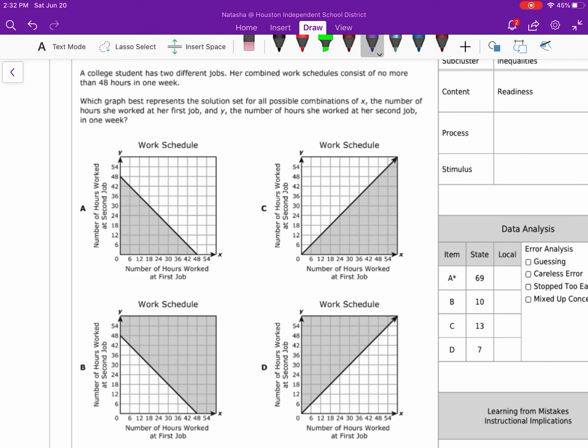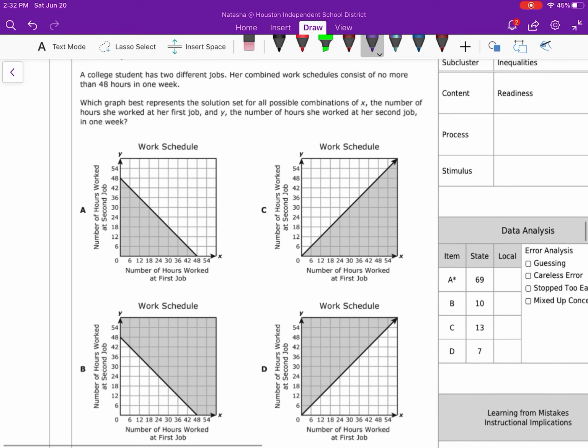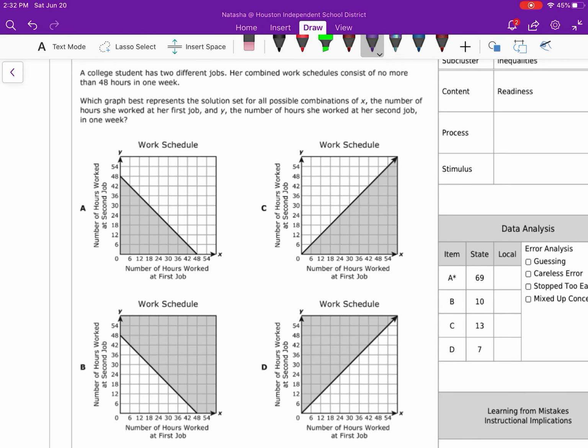Let's do another one. We have a college student working 2 different jobs. His combined work schedules consist of no more than 48 hours a week. Which graph represents the solution set for possible combinations of X, the number of hours she worked on her first job, and Y, the number of hours she worked on her second job?